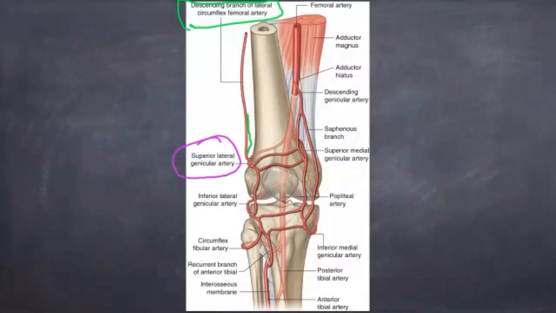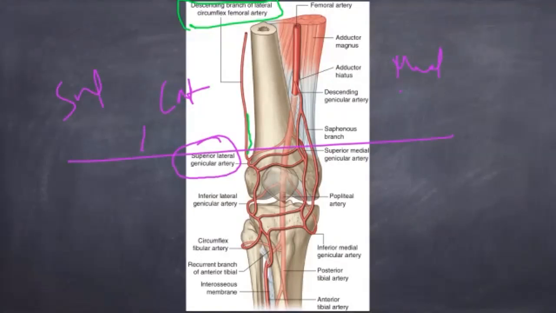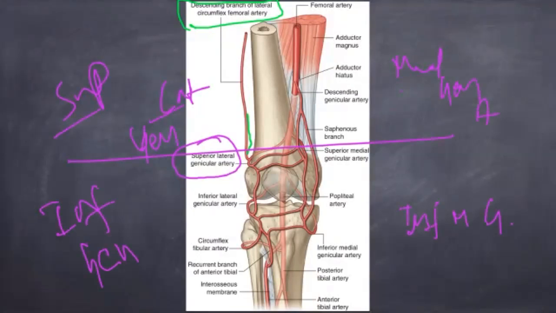So this is lateral, this is medial: the superior lateral genicular artery and the superior medial genicular artery, superior to the knee joint, and the inferior lateral genicular artery and the inferior medial genicular artery, right?